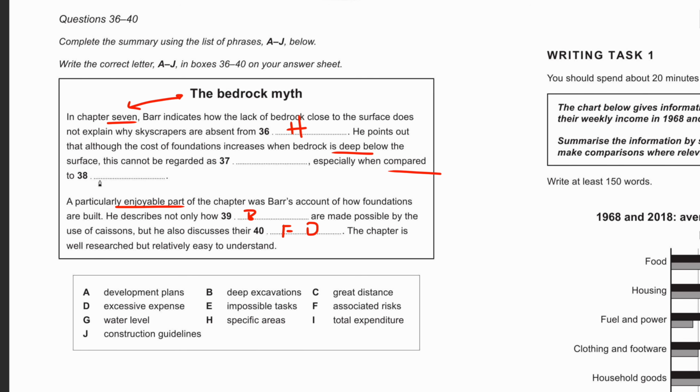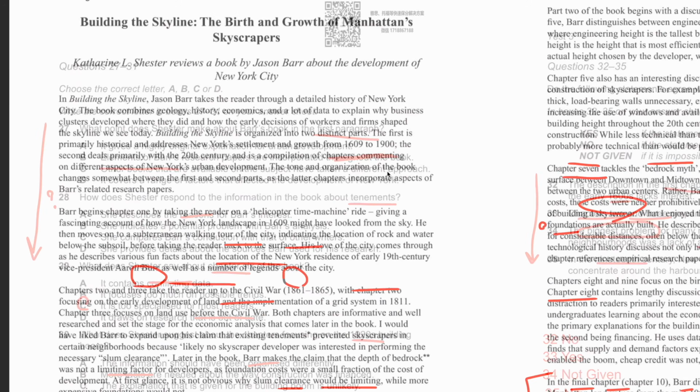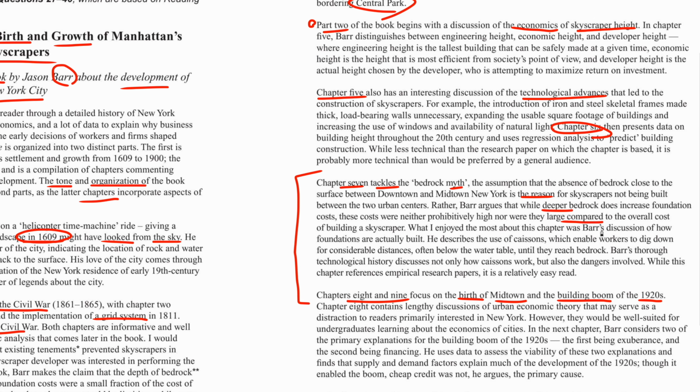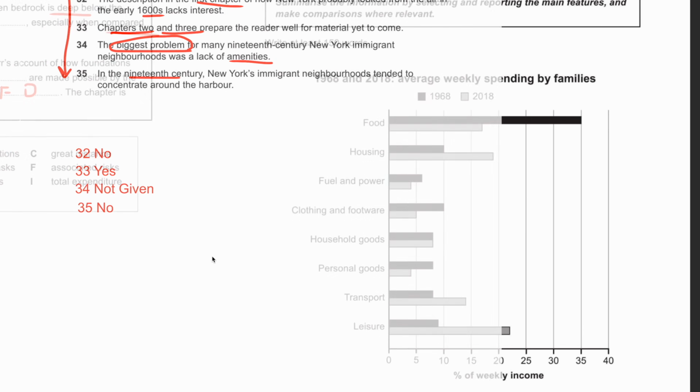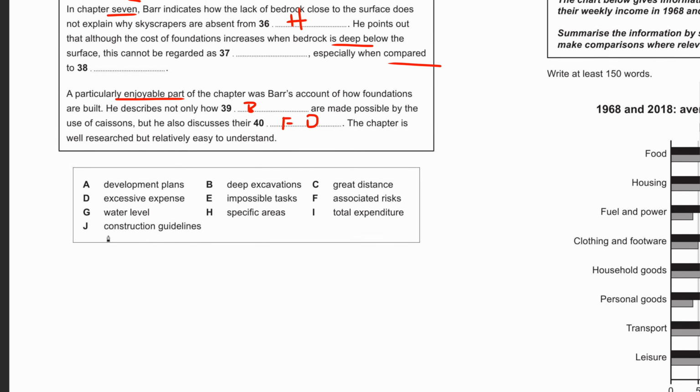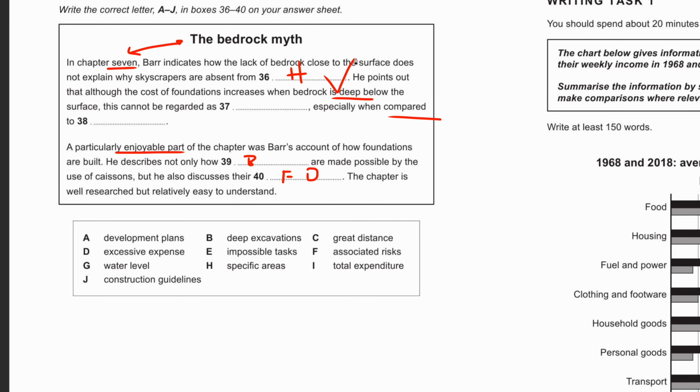This is a probable answer because it says overall costs. So total expenditure, overall cost. Yes, we can be sure about this. So the answer to this one we are pretty sure about, and this one is total expenditure.